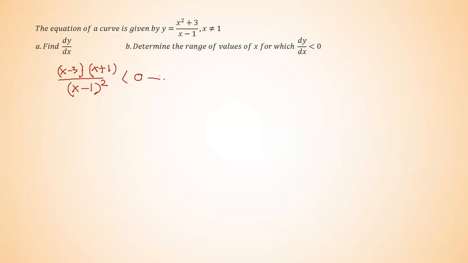If we multiply by (x minus 1) squared, with all terms on the left side and 0 times (x minus 1) squared, it's going to be (x minus 3) times (x plus 1) less than 0.